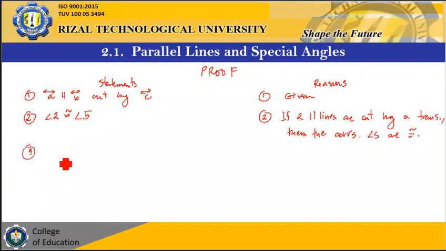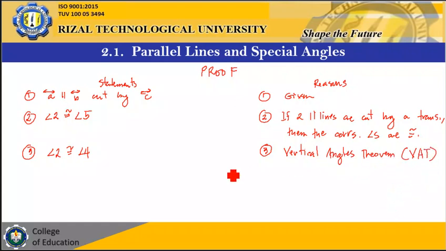So the third statement would be angle 2 is congruent to angle 4. And the reason to that is angle 2 and angle 4 are vertical angles. So therefore, this is the vertical angles theorem. For simplicity, let's just name it VAT.